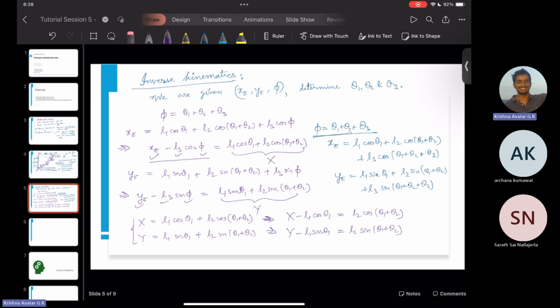Now what we'll do is let's eliminate theta 2. The reason we eliminate it is so that we have an expression in just terms of theta 1, right? So that is the overall goal of doing this.